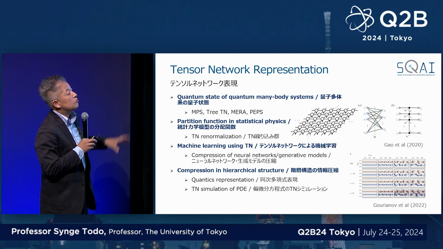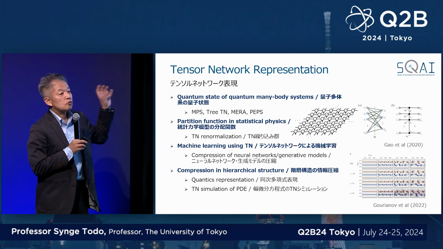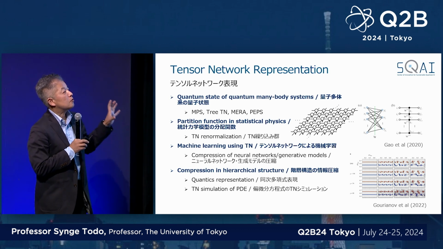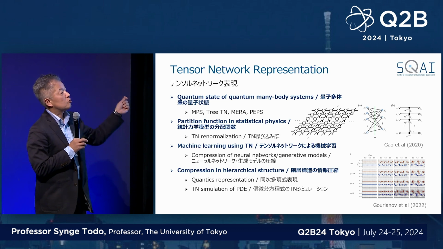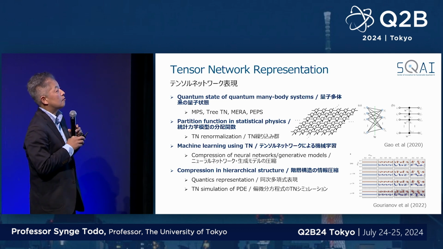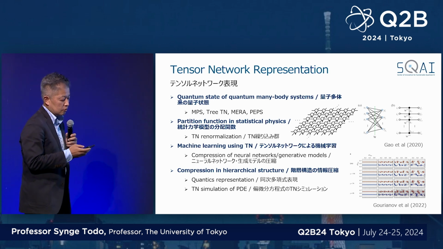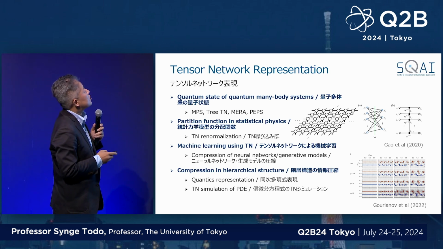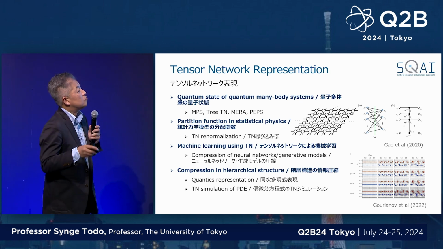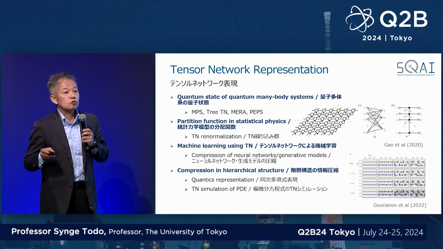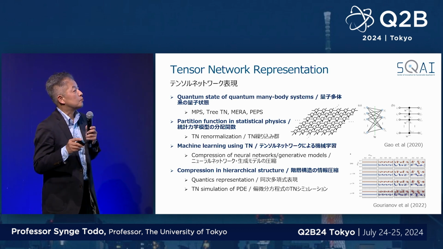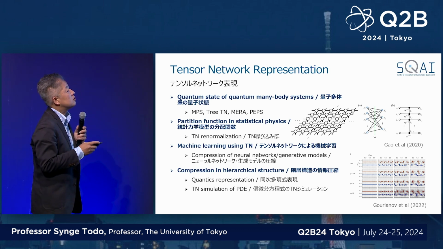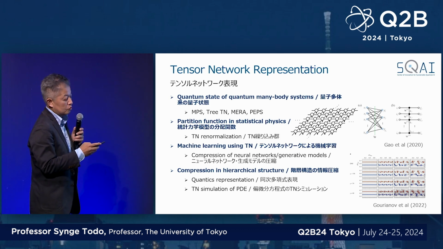You can express that by decomposing it in this way. With classical computing, we would have to hold exponential numbers, but we can represent that in a very small number of bits. And strict representation is possible with tensor networks in many problems.